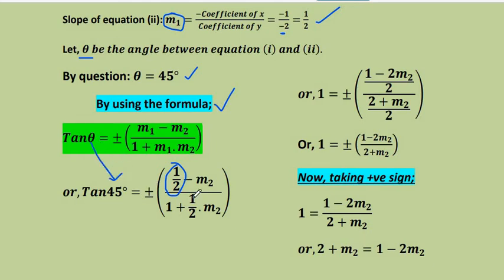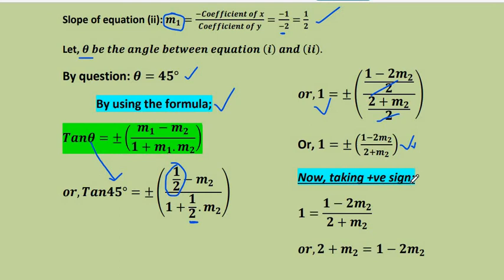With calculations, we substitute tan 45 by 1, and then taking the LCM of the 2, it will be (1 minus 2m2) divided by 2. Again, taking 2 as LCM on the denominator, it will be (2 plus m2) divided by 2. Then 2 and 2 cancel, and 1 minus 2m2 and 2 plus m2 are left, and in front of them we have the plus or minus sign.